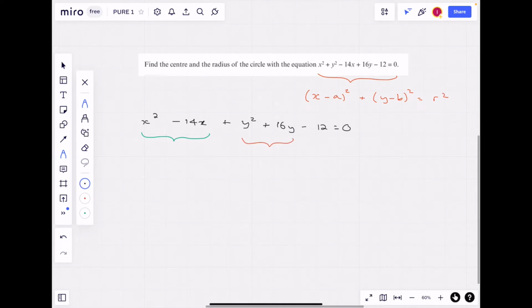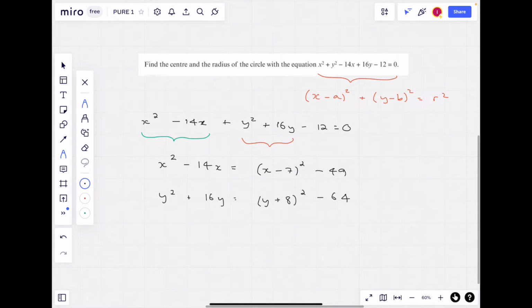So try that. Complete the square with this, please. You should have gotten (x minus 7) all squared minus 49. Now complete the square with that. (y plus 8) all squared minus 64.